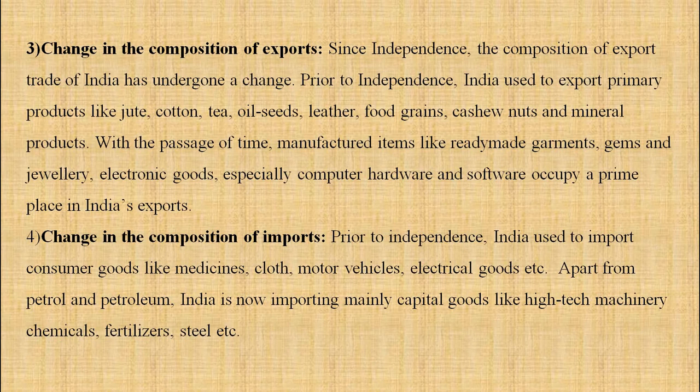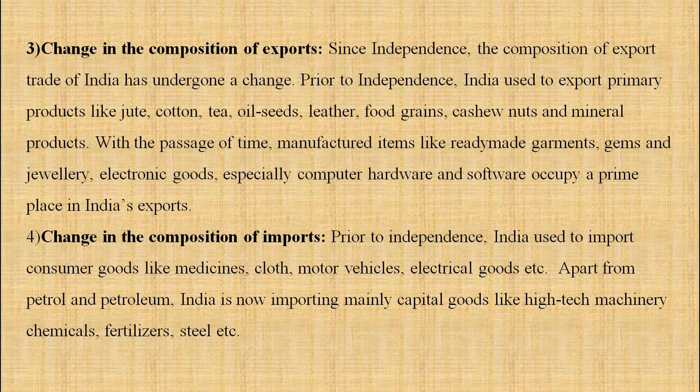Change in the composition of exports. Since independence, the composition of export trade in India has undergone a change. Prior to independence, India used to export primary products like jute, cotton, tea, oil seeds, leather, food grains, cashew nuts and mineral products.